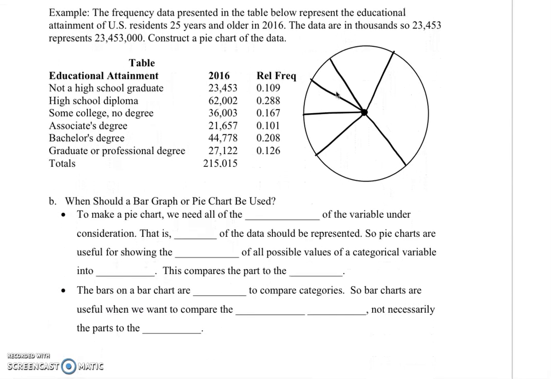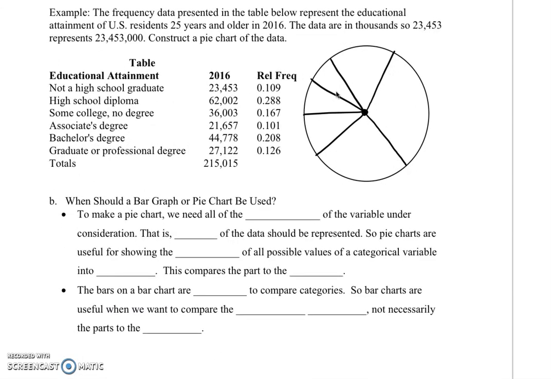So for example, if we have the frequency data from the table below, so this is the same numbers from up above, that was just the 2016 data, then we can make a pie chart by using the relative frequencies.